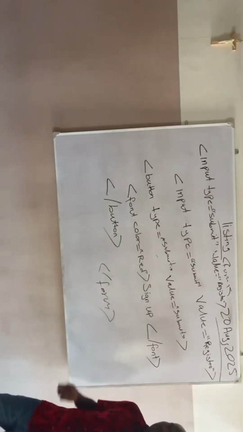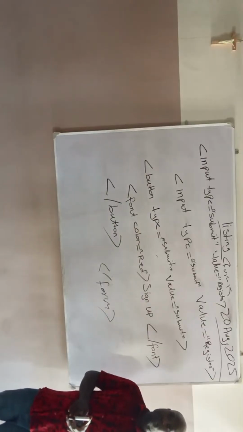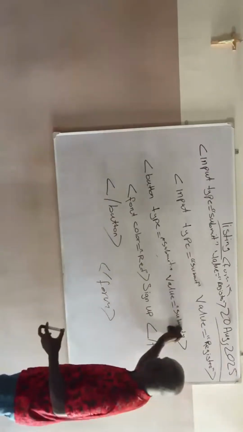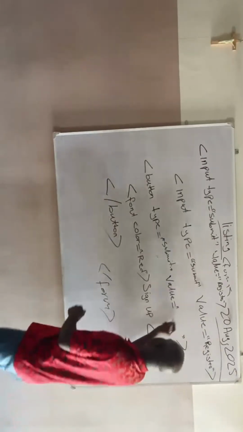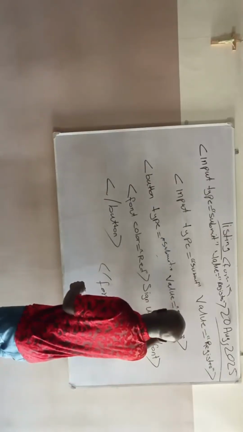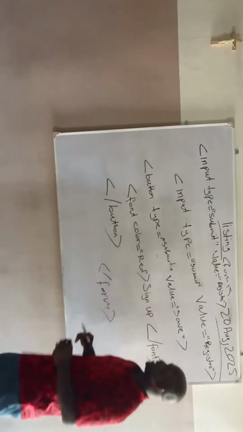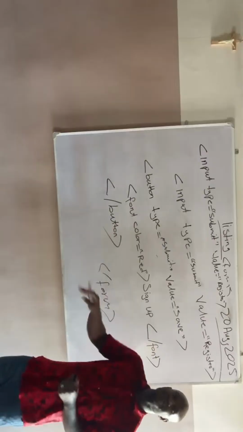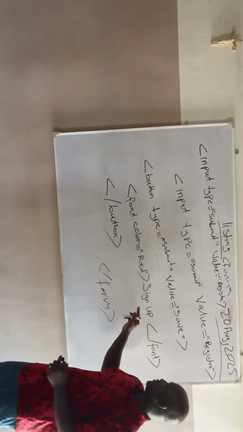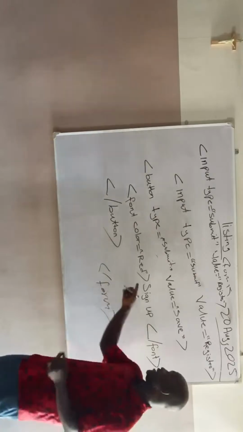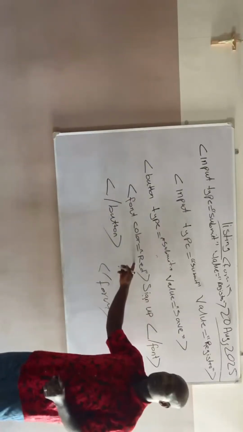Explain more. Ask me about this. Okay, let me use save. So that after filling your form, you save. I can say save, but I want the user to see sign up in the red color.